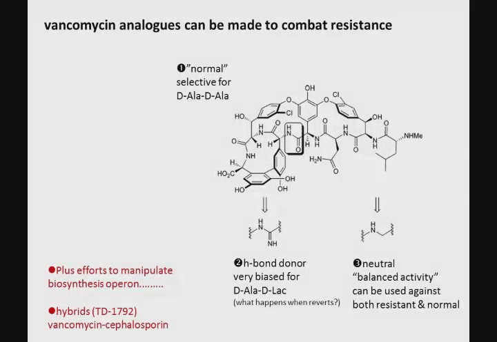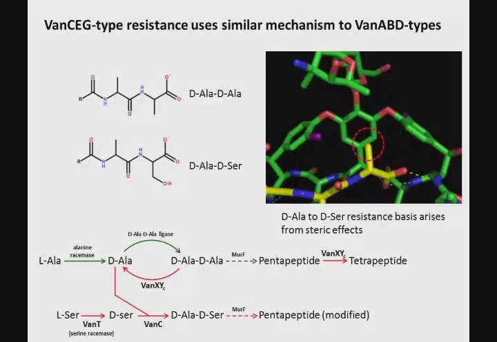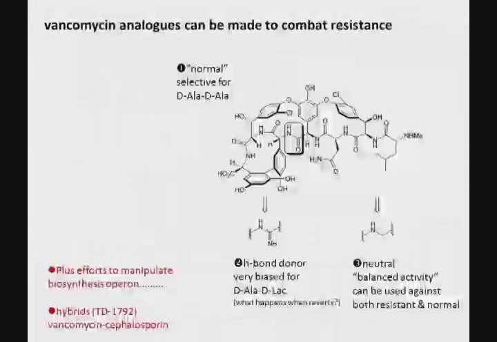Now, if you take the argument that resistance comes about from the switching of a hydrogen bond interaction, you should be able to make a vancomycin that can tackle that, right? If you know the molecular details of resistance, you should be able to make one, but look at this compound.